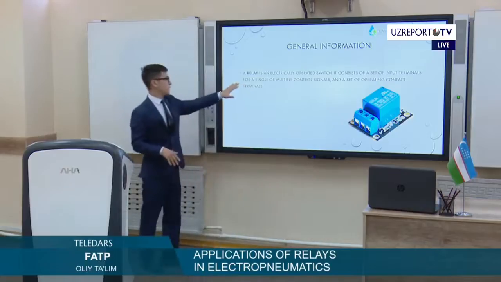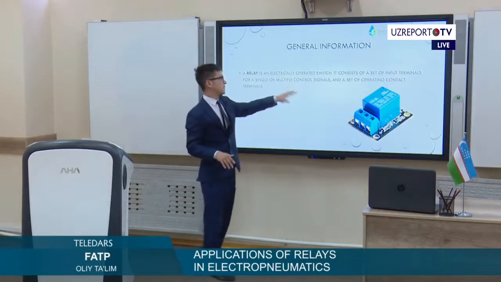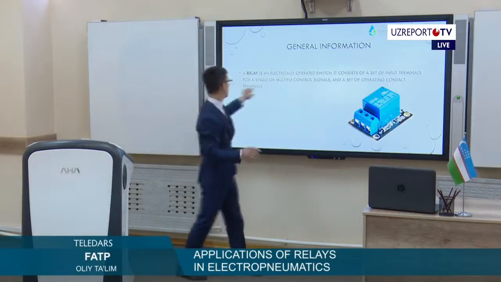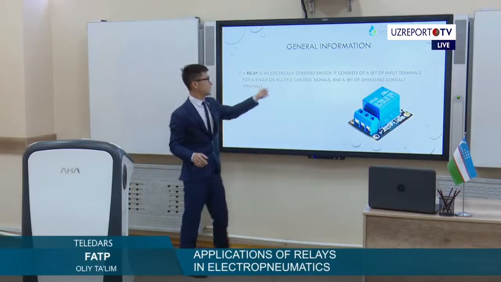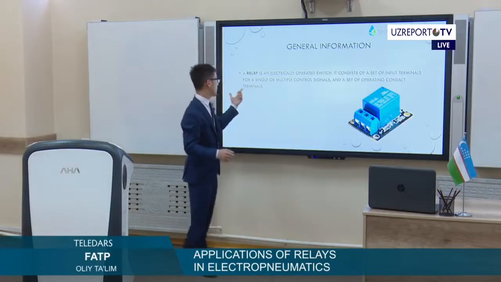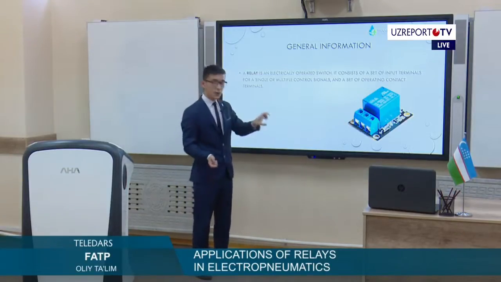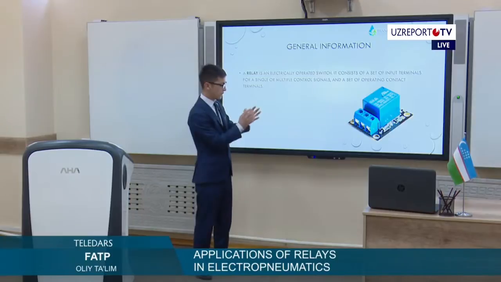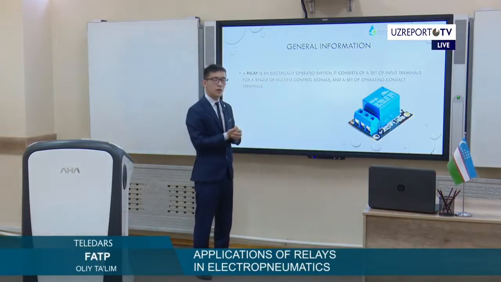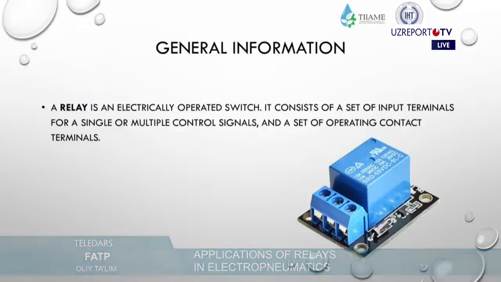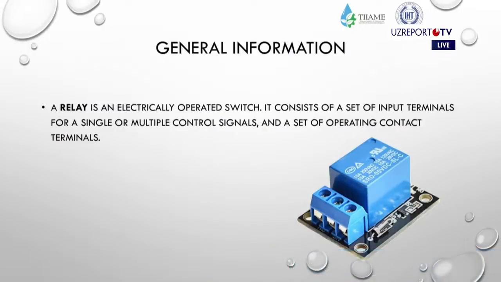A relay is an electrically operated switch. It consists of a set of input terminals for a single or multiple control signals and a set of operating contact terminals. It means that we have a coil. In the coil you make an electromagnetic action, and it will move the contact key and then make an electric circuit. Very simple.